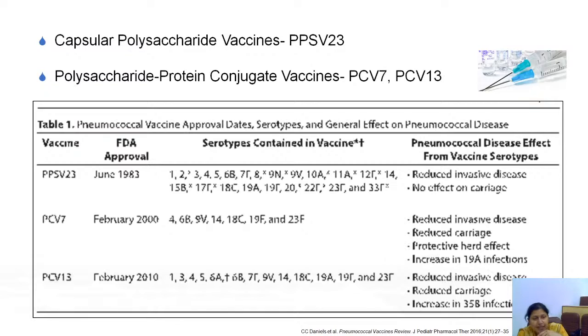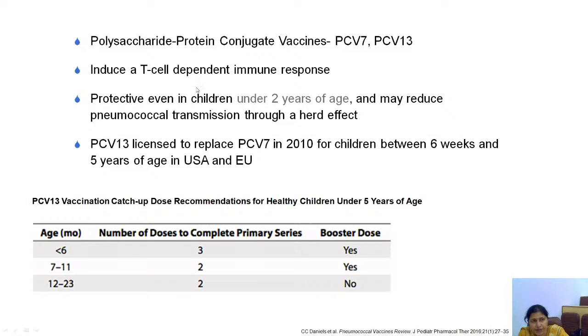The biggest advantage is that they can be given in less than 2 years, and they were found to help in reduction of invasive diseases. PCV7 and PCV13 induce a T cell dependent immune response under 2 years and may reduce pneumococcal transmission through herd immunity.